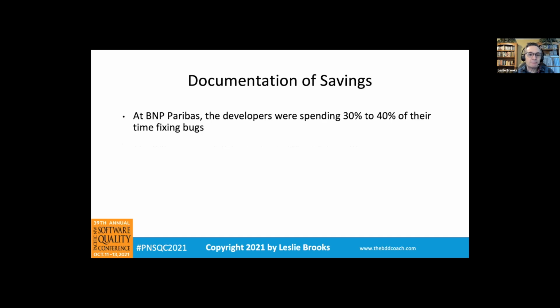At BNP Paribas, a very, very large multinational French bank, the developers were spending 30 to 40% of their time fixing bugs. And a consultant named Simon Powers went in and introduced specification by example and TDD.